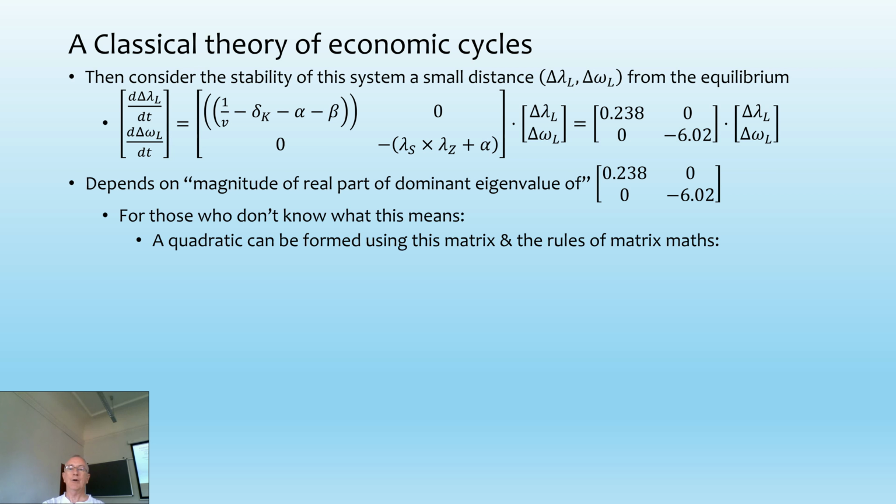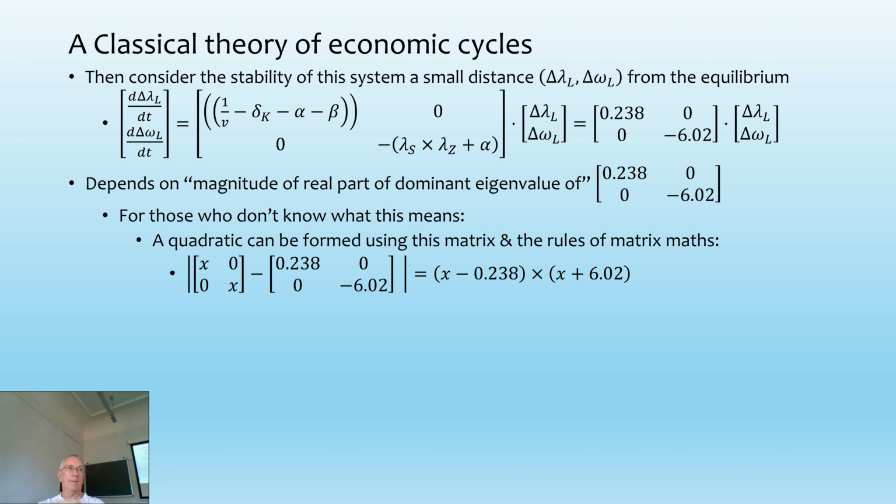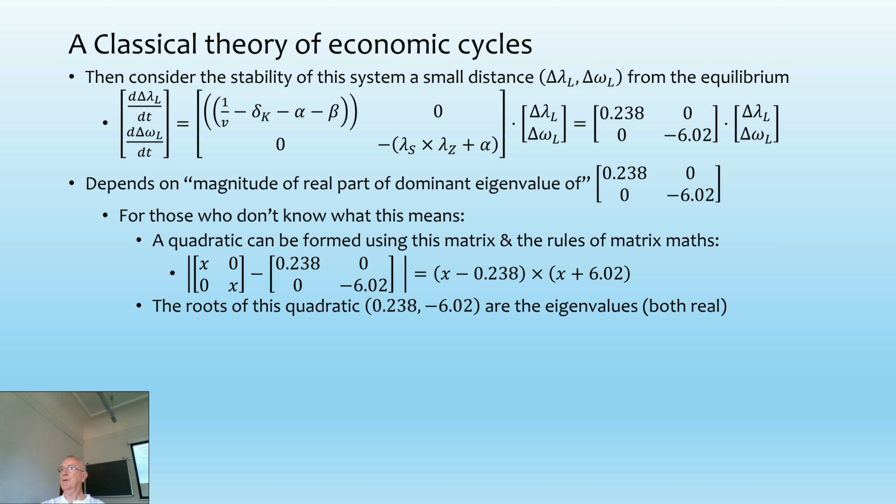You take the determinant of a matrix involving a variable, x in this case, minus the real one, and using the rules of determinants, matrix addition and matrix multiplication, you get x minus 0.0238 multiplied by x plus 6.02. Now, can you tell me what the roots of that equation are? Okay, they're 0.238 and minus 6.02.